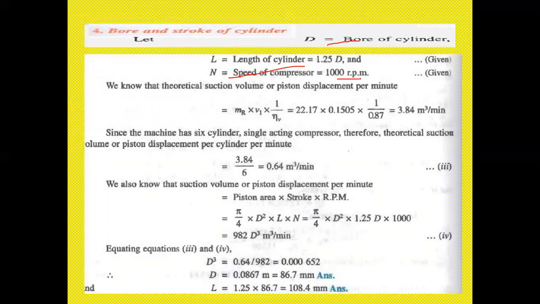The machine has 6 cylinders as shown in the figure, so we have a 6-cylinder single acting compressor. Therefore the piston displacement per cylinder per minute is equal to 3.84 divided by 6.